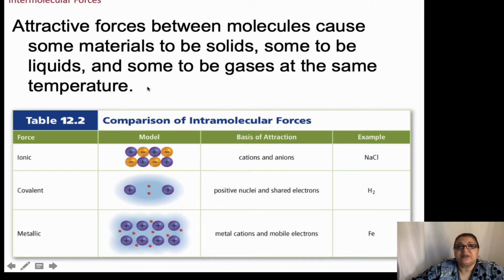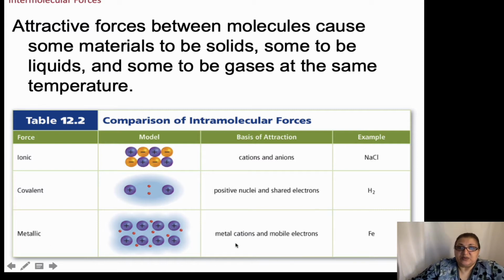Now, when it comes to intramolecular forces, this is a review from our first semester when we learned about ionic, covalent, and metallic. Ionic, when we have cation and anion, that's metal and non-metal. One loses, one gains, and they form an attraction. Covalent is sharing of electrons.